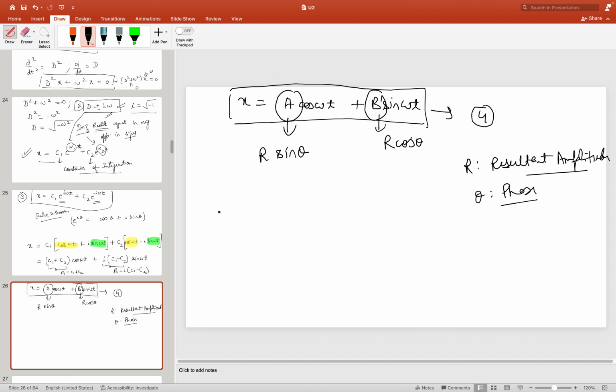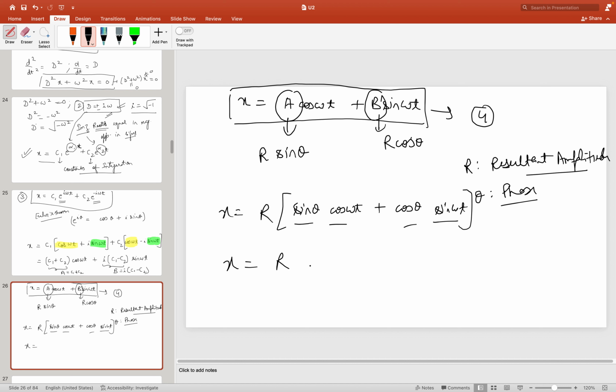So x is equal to r, taken out simply, (sin theta cos omega t plus cos theta sin omega t). Now sin A cos B plus sin B cos A can be written as r sin (omega t plus theta).